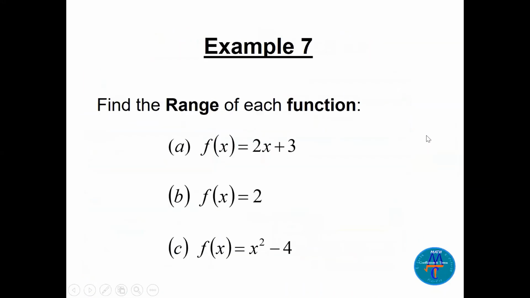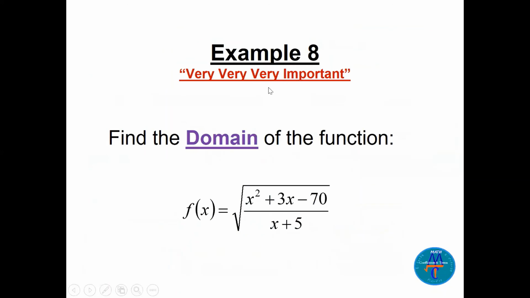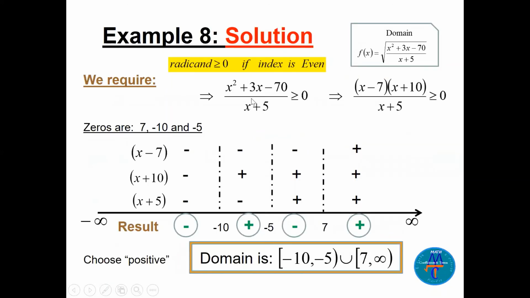Now here, to find the domain of this big guy, see, radicand greater than or equal now to 0, because the index here is 2. So I take all this, x squared plus 3x minus 70 over x plus 5, and I need to factor here: x minus 7, x plus 10 over x plus 5.